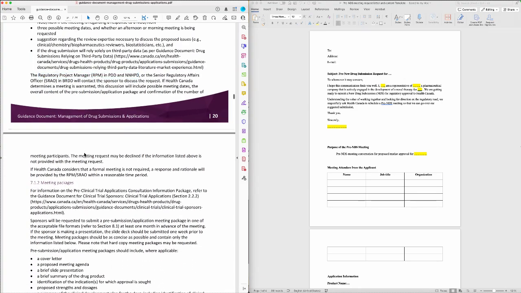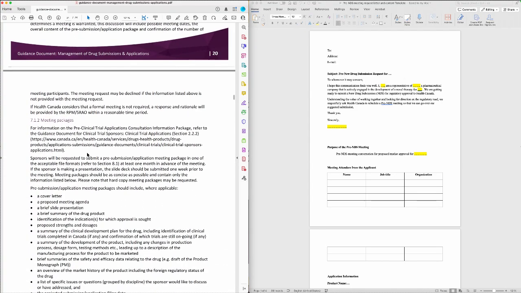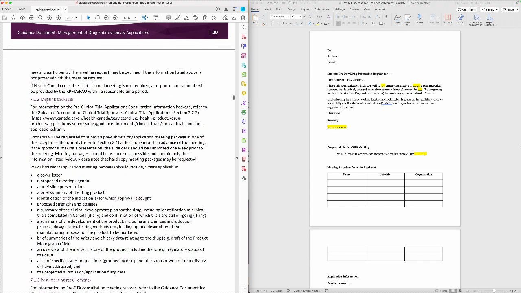Now, continuing with the left document, here we talk about the meeting package. So you, as a regulatory affairs professional, need to look into the guidance documents, and read section 7.1, and here we are looking into section 7.1.2, where Health Canada is telling you what you have to put in your meeting request package.